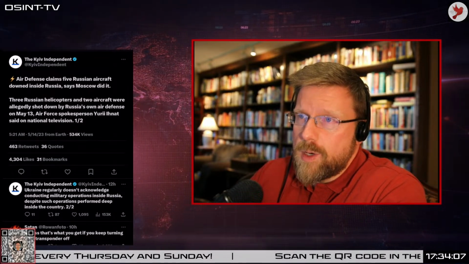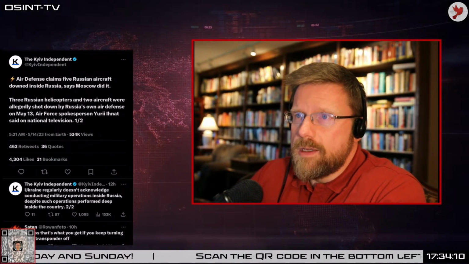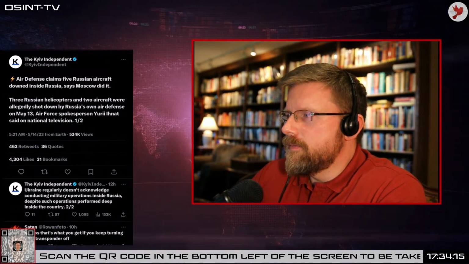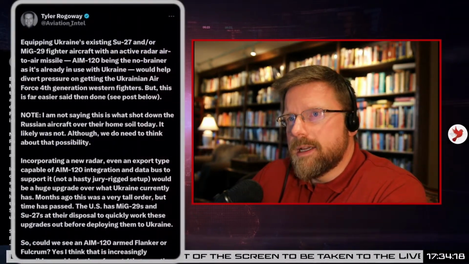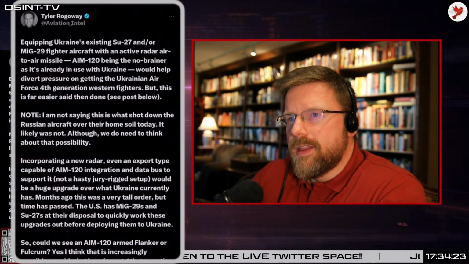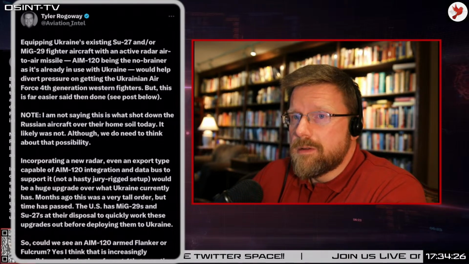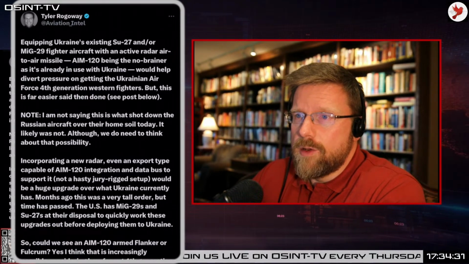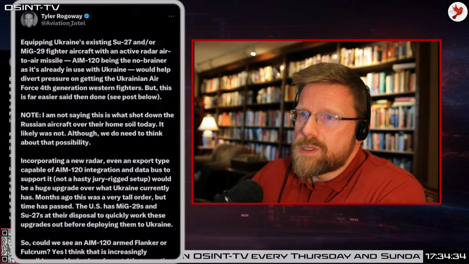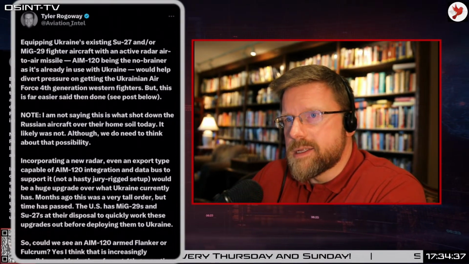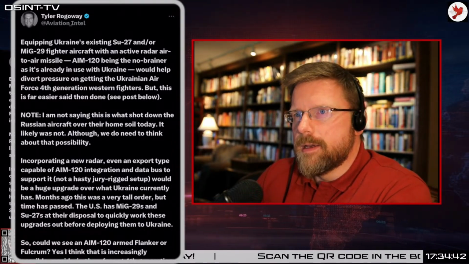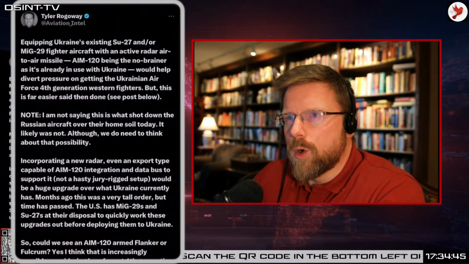One other possibility that has been proposed is that some of the newly received aircraft, particularly some of the MiGs from Poland that had been quite modernized, could potentially have been armed with AIM-120s, which are air-to-air missiles that have a range that makes it possible they could have been used from an aircraft flying near the front. However, the fifth item in the nest is a tweet by Tyler Rogoway, who writes for The War Zone, and they do great work.